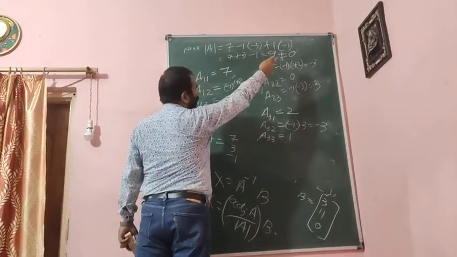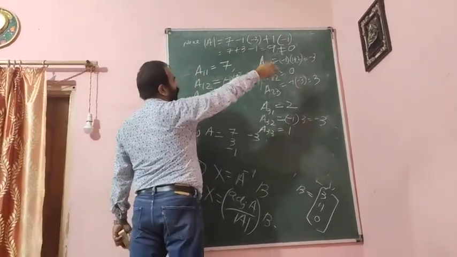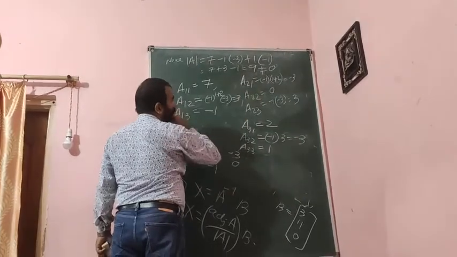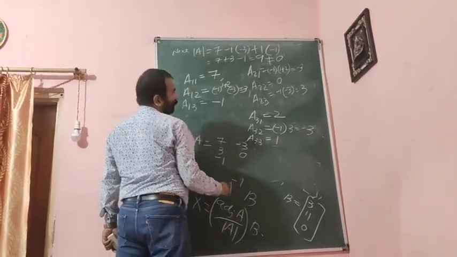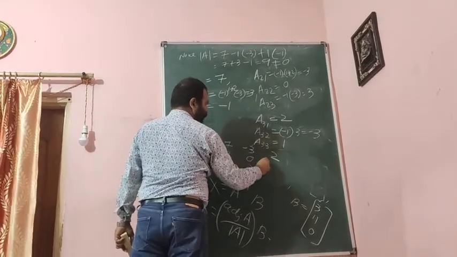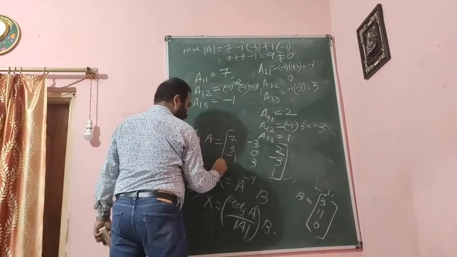And here it is minus 3, here it is minus 3, and here 0, and here 3, and here 2, here minus 3, and here 1. So this is the adjoint.